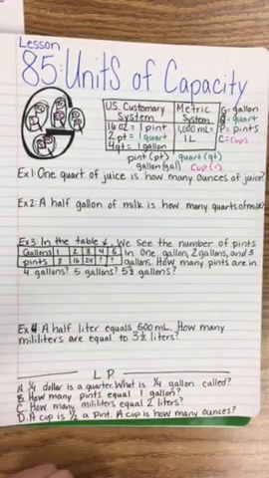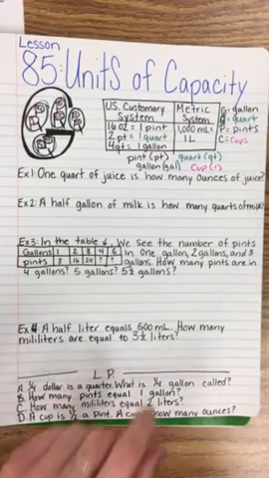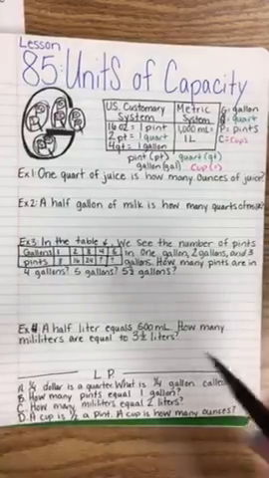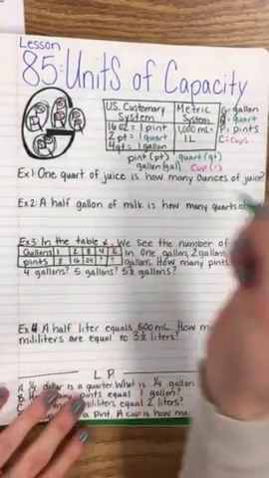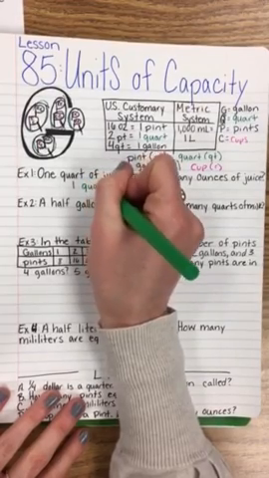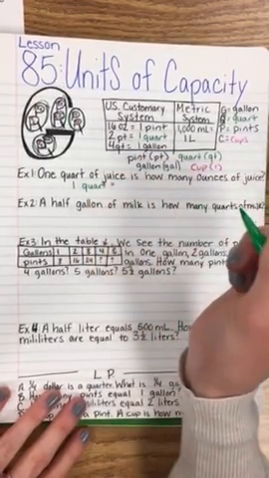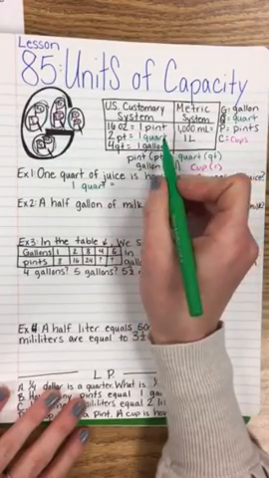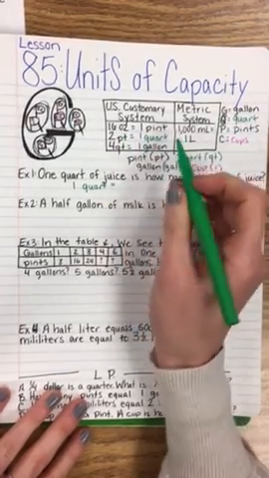So example 1. 1 quart of juice is how many ounces? Well, 1 pint equals 16 ounces.